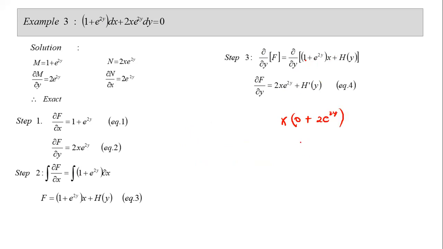So you shall have x times 2e to the 2y plus h prime of y. That's why we have this. Okay, and that is our equation 4.